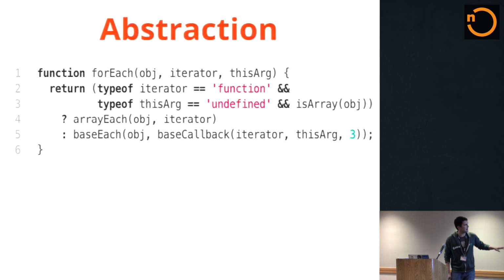Now, what this is doing is saying, if you're not passing something that needs to be calling the helper function, don't do it. Just go straight to the array case, because that happens to be the most common case. So now I'm avoiding even the callback sugar if it's the common case, which is to basically have no this binding, it be a function, and it be an array. So I've optimized it there too.